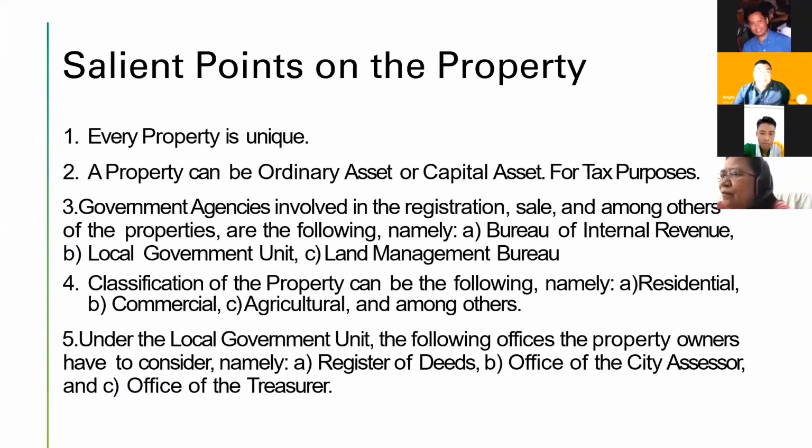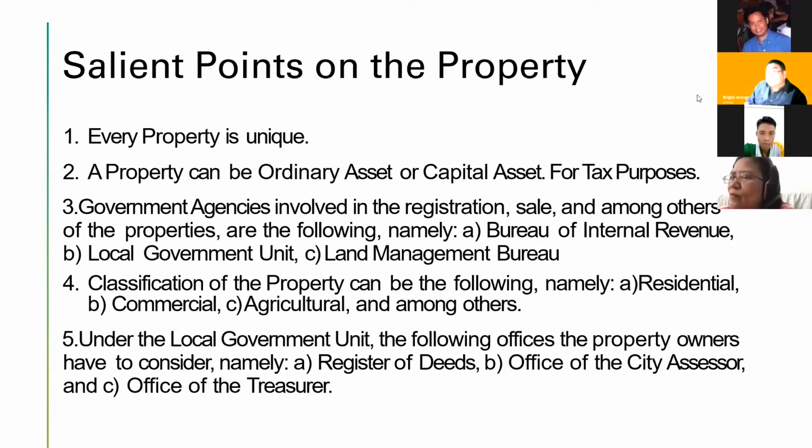A property could be an ordinary asset or a capital asset for tax purposes. In other words, if it's used for business or for trade, which I will discuss later, it is considered an ordinary asset.